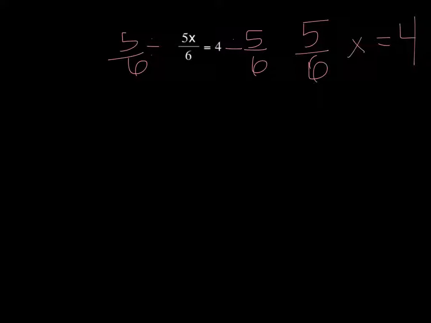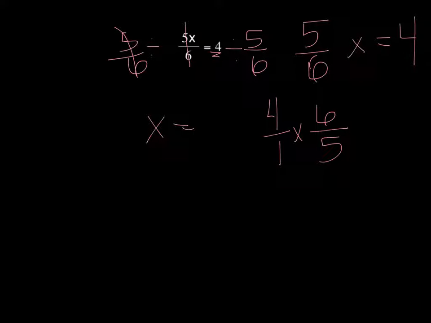So if I divided this out, I would find the reciprocal of my divisor. So I would do 6/5. And we can cross out these, so I'm just left with x equals 6/5 times our dividend, 4/1. No, I can't do any simplifying.